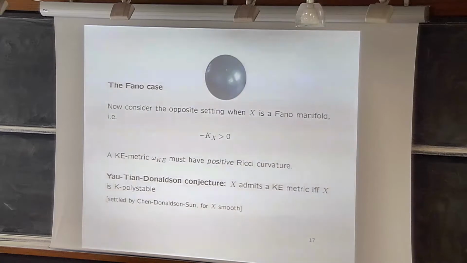And by the famous Yau-Tian-Donaldson conjecture, X admits a Kähler-Einstein metric if and only if it's K-polystable, sometimes called K-stable. So there are stability type obstructions, and they are the only ones that exist. This has finally been settled by Chen, Donaldson, and Sun, for the case when X is smooth. I believe it's still open for a general singular Fano variety.